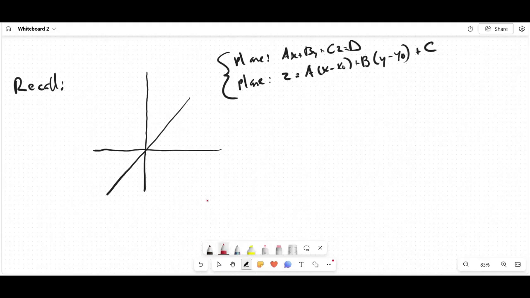Let's say that I wanted to make a flat, horizontal plane. I can do so by starting at a point. Maybe let's keep it interesting. Maybe we'll use 2. And I want it to not change in the X direction because I want it to be horizontal. And I want it to not change in the Y direction because I want it to be horizontal.